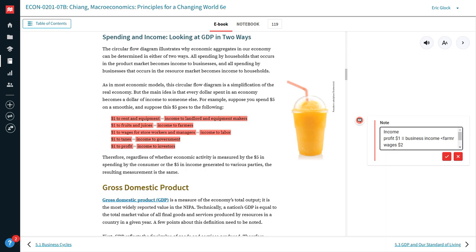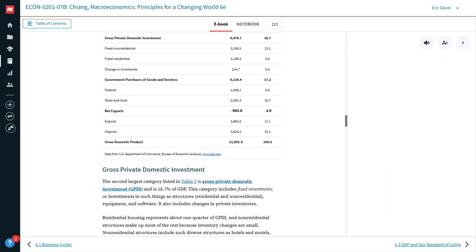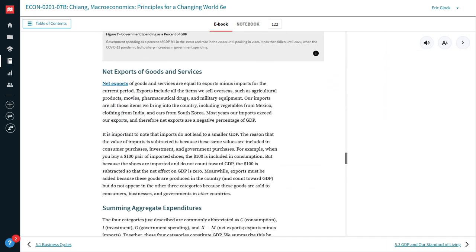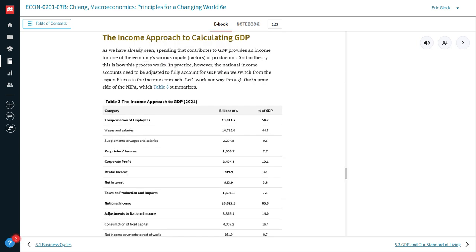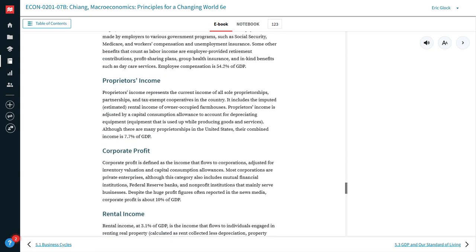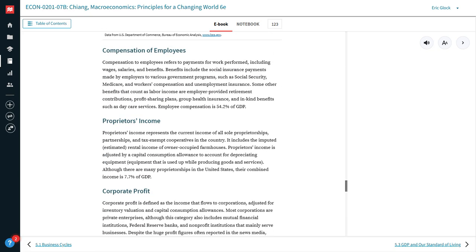So it would make a lot of sense to go right from here to talking about the income approach. So that's what we're doing. We skipped right to income. So just take note, these are not the four categories that I said.